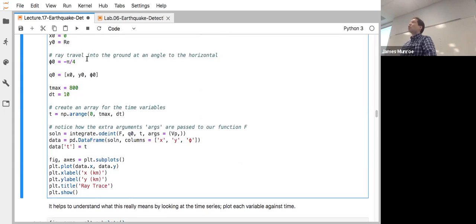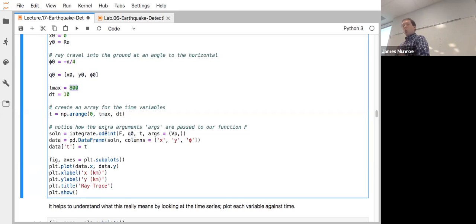I need to have an initial direction it's going. So I'm going to have this thing pointing down at some angle all the way through. I have to come up with an initial state, and then I'm going to simulate how this ray progresses. I'm going to run my model for 800 seconds. I don't know how long it's going to take to go all the way through. I know it's several tens of minutes.